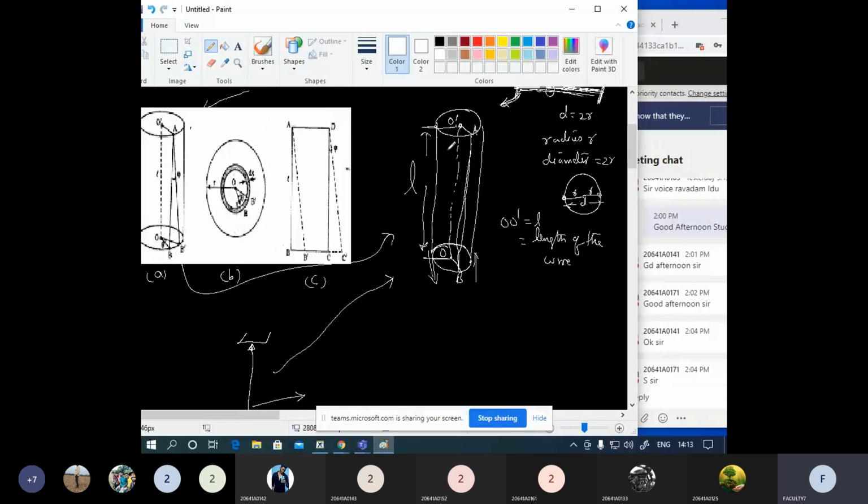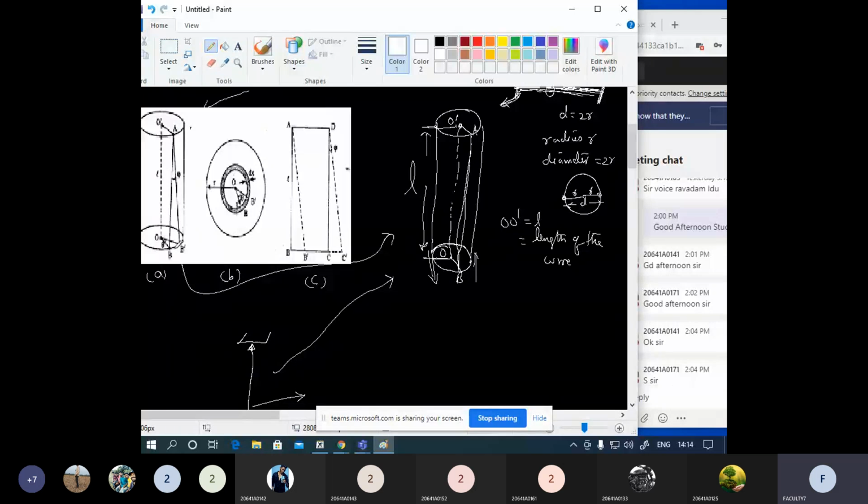Now in the A part, you can take this O, O dash. These are the two dotted lines, and parallel to O dash is a line AB. This is AB, without any twist.